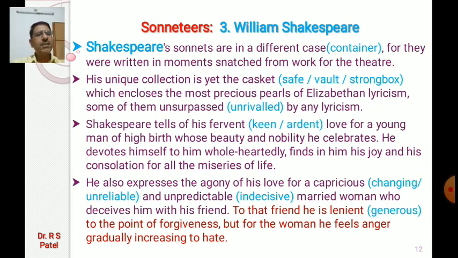Lenience means he is generous enough to the point of forgiveness. But to that woman, he is not ready to forgive. He is gradually developing a kind of hatred for that lady. So, this is the case on the part of William Shakespeare that he addresses his sonnets to these two personalities.